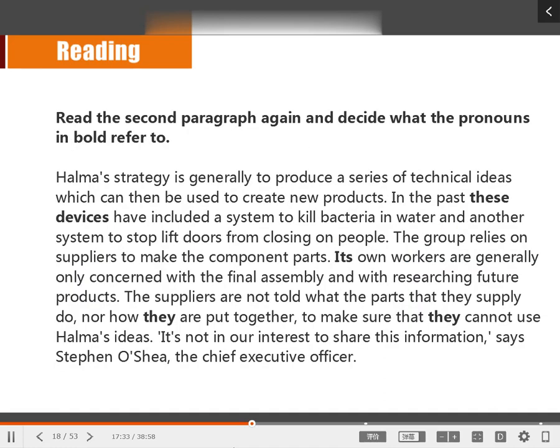So here, let's take a look at the second paragraph again and decide what the pronouns in bold refer to. Great. So here, let's check your answers.